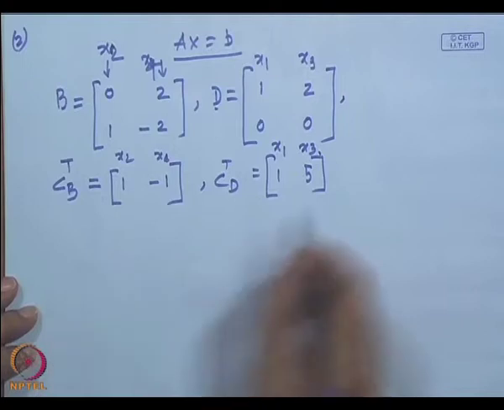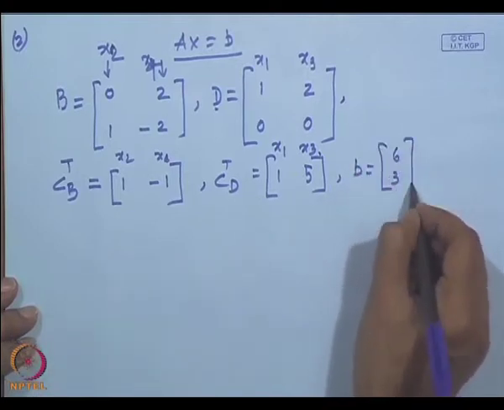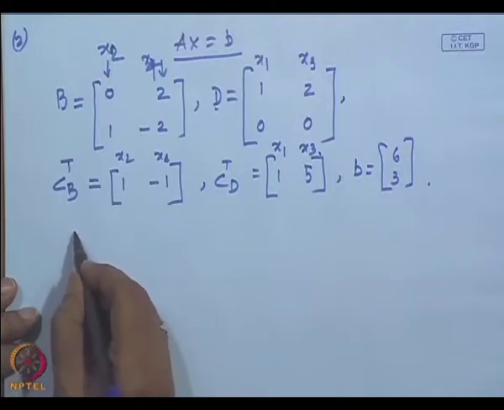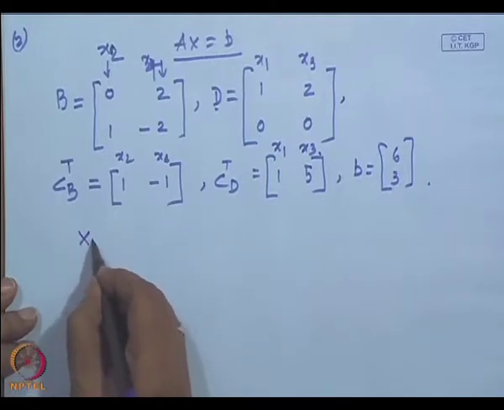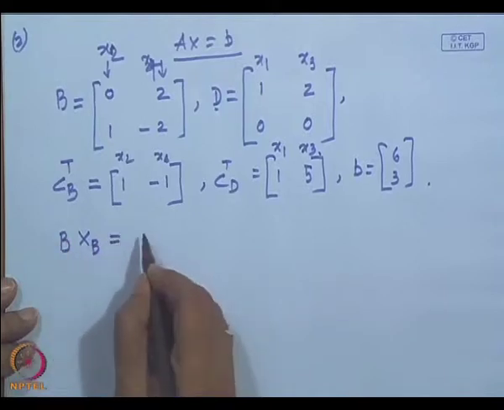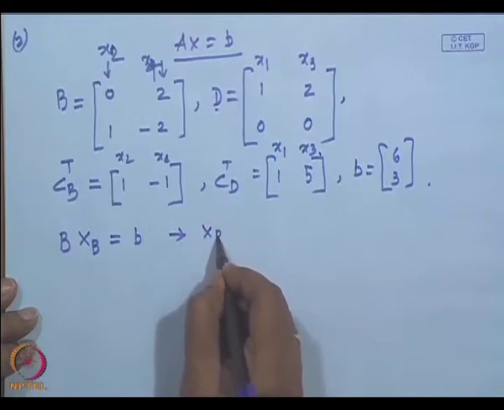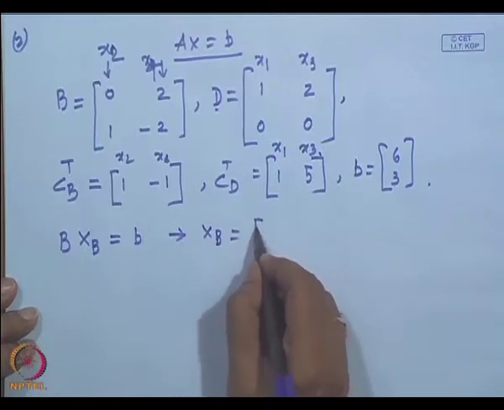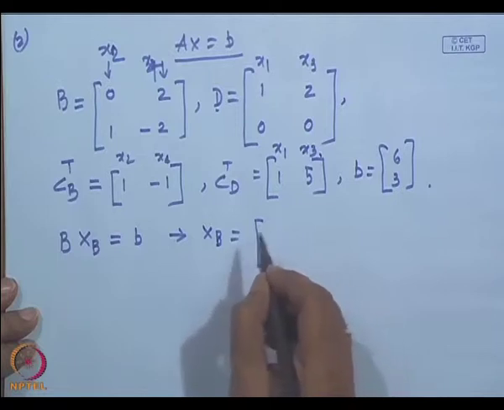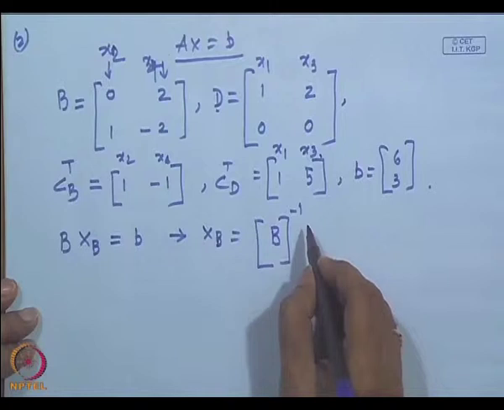Once you have written this, and b is equal to 6, 3, immediately I can find that x B is equal to B inverse times 6, 3. B inverse, not transpose.